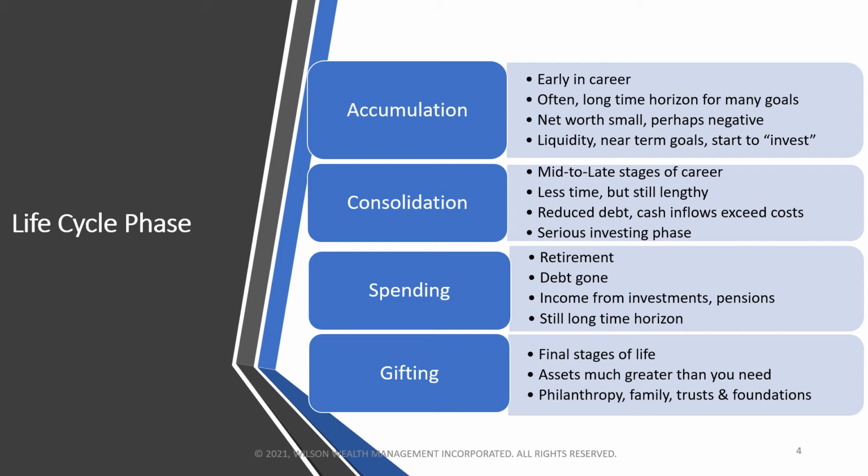So you can't just say, okay, 100 minus 25, 75% of your assets should be in equities, because people are at different phases of their life at different times. So if we look at it from a life cycle phase view of wealth accumulation, accumulation phase is early in your career.